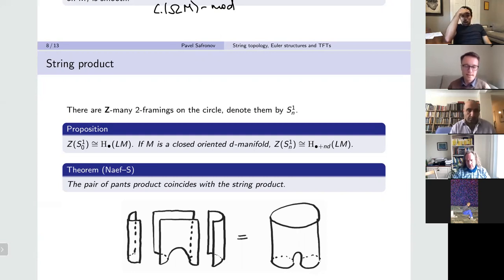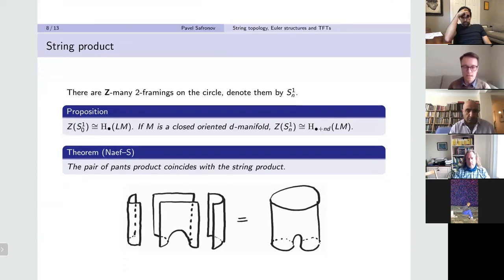Okay, and then in the TFT, again, the basic operation is the pair of pants product. You just look at two circles and then you can combine them, which is drawn on the right. The theorem, the proof, is that it actually coincides with the string product. Again, the theorem is about the TFT that I just defined above using the cobordism hypothesis.